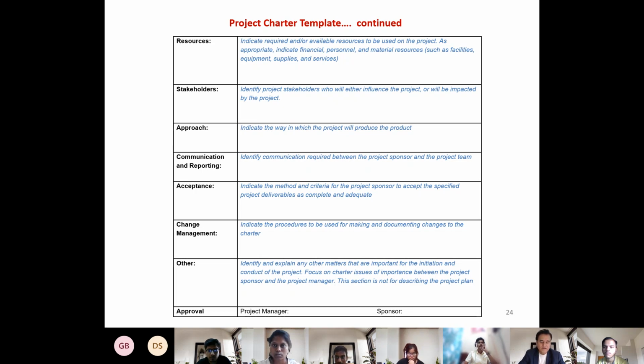Normally you will estimate how many people are required to deliver this project because you have to pay those salaries. If you need 100 people and 4 months, their salary will be more than 2 lakhs. But if you just need 2 or 3 people, then the salaries are low. So you will write the resources.